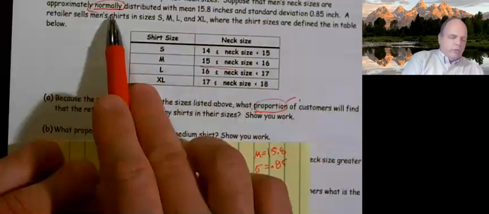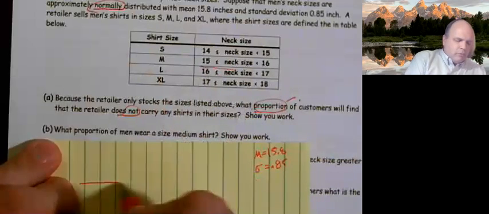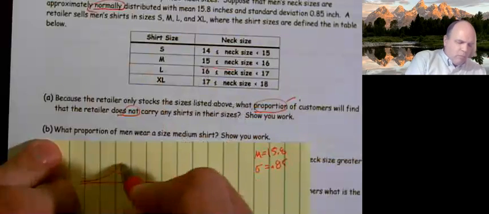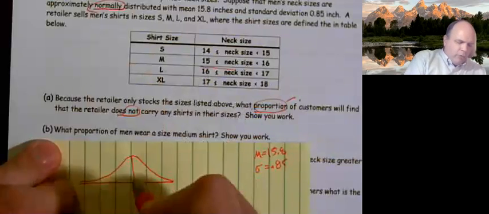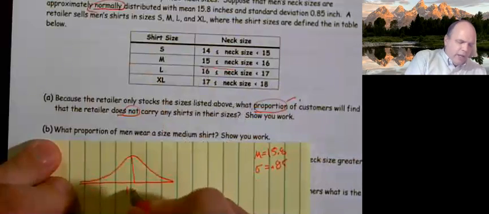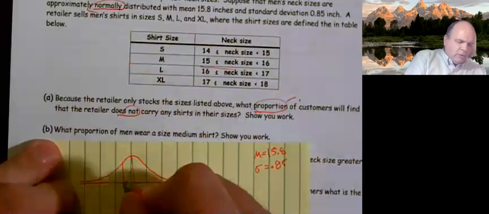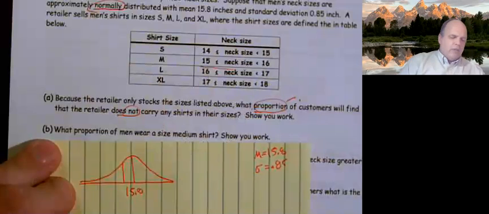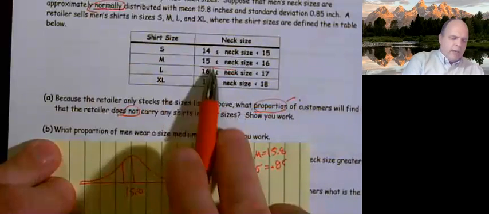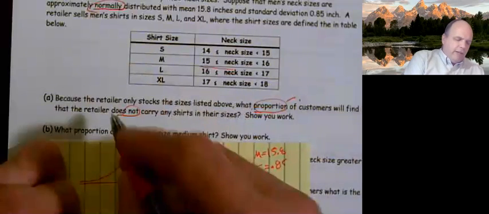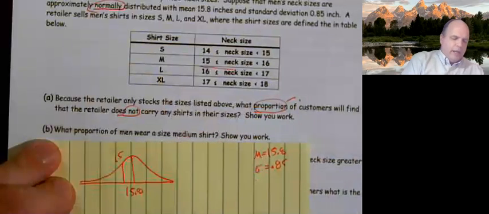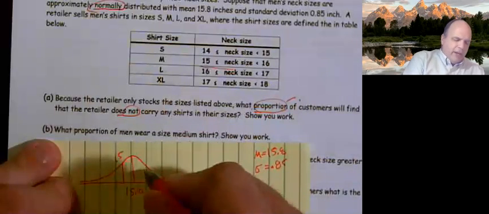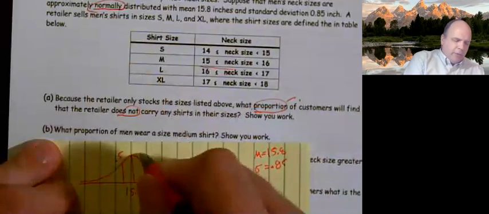They've already told us this is normal. So my mean is here at 15.8. When I look at this, 15 is the lower part. 15 is below 15.8, and 16 is above that.